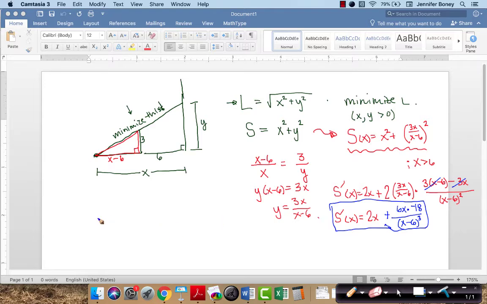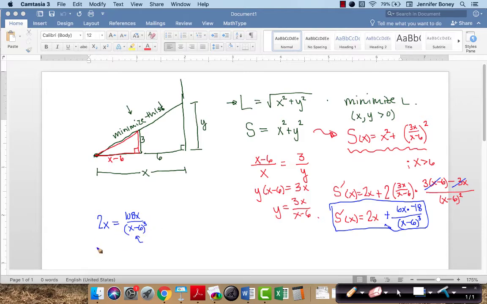I'd have to be solving 2x equals, 18 times 6, which is the same as 9 times 12. 108? No. 8 times 6, yeah, 108. So you can maybe see, if you're solving this, you're going to have to expand that x minus 6 to the third power, or actually you don't need to.